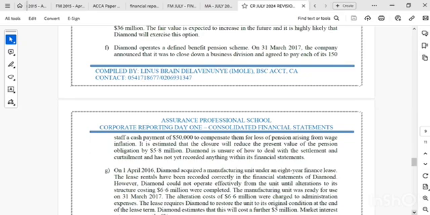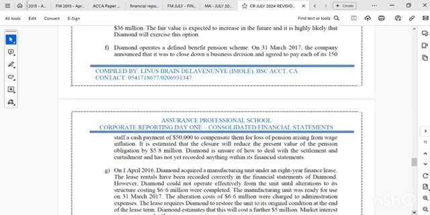F. Diamond operates a defined benefit pension scheme. On 31 March 2017, the company announced that it was to close down a business division and agreed to pay each of its 150 staff a cash payment of $50,000 to compensate them for loss of pension arising from wages inflation.